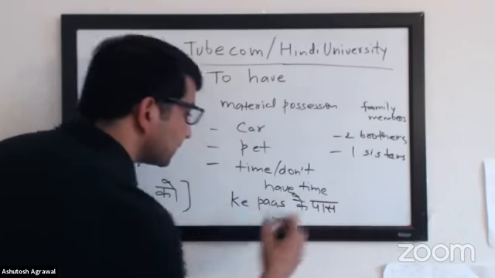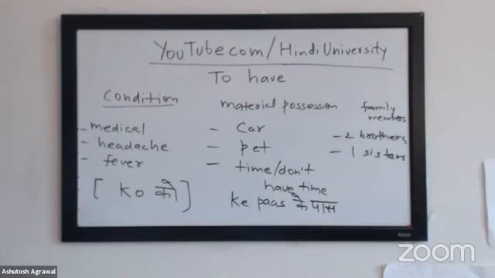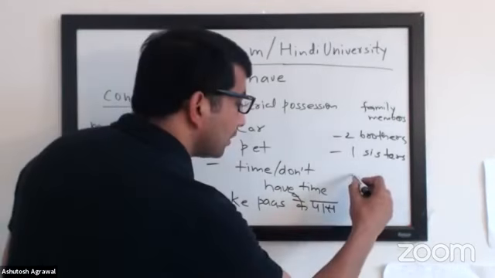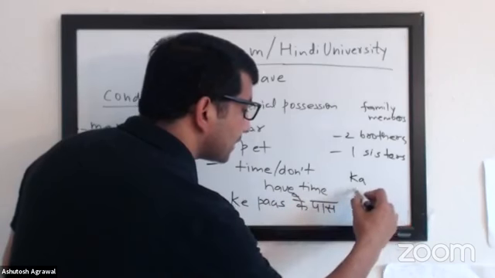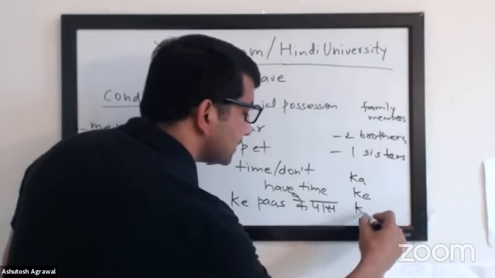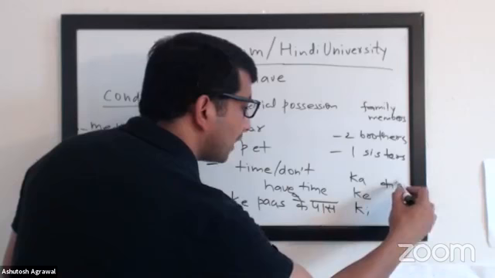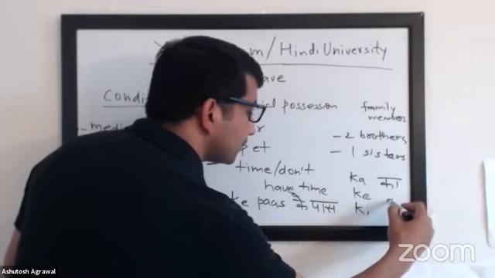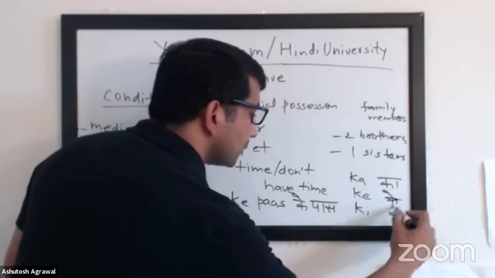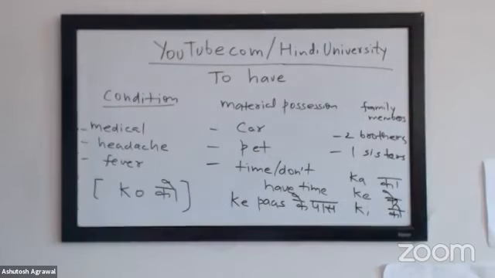Pass. Ke pass. Okay. In the third one, you will be using another postposition: ka, ke, and ki. You have a ka, ke, and you have a ki. Okay, ka, ke, and ki.